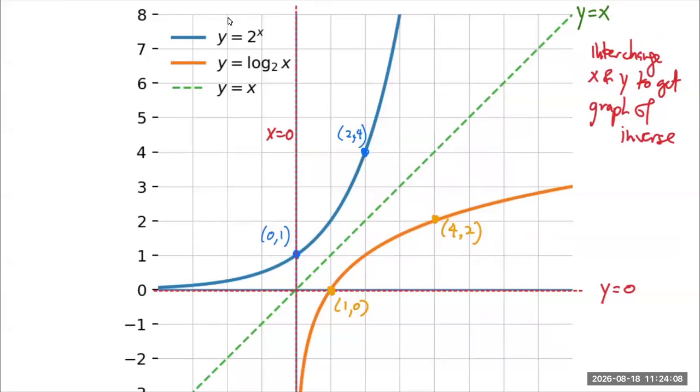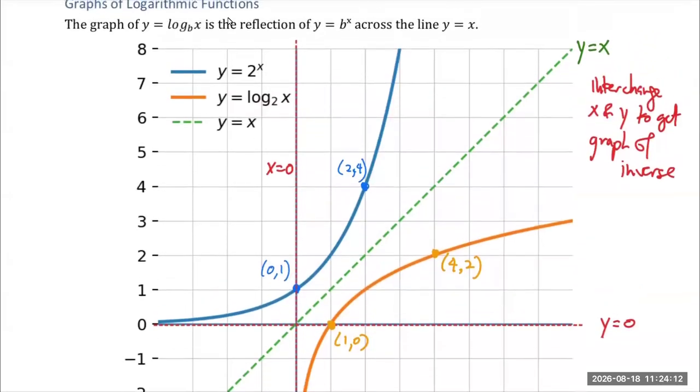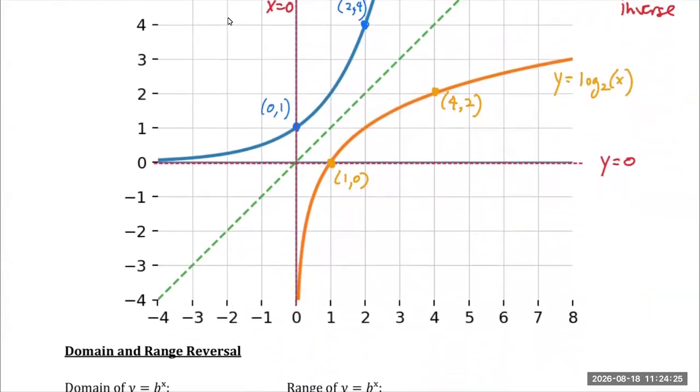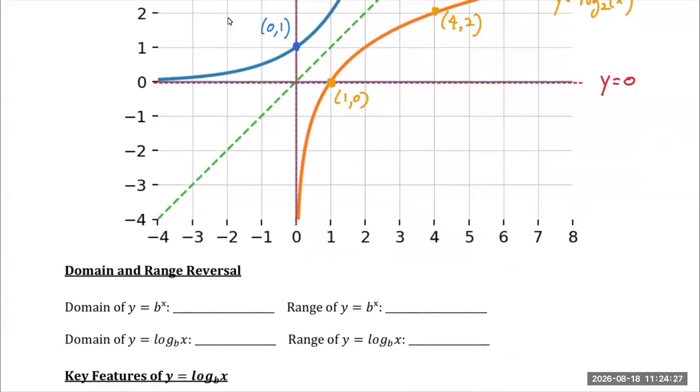So this is the graph of the logarithm. And just as a reminder, the inverse of 2 to the x is y equal to log base 2 of x, like that.